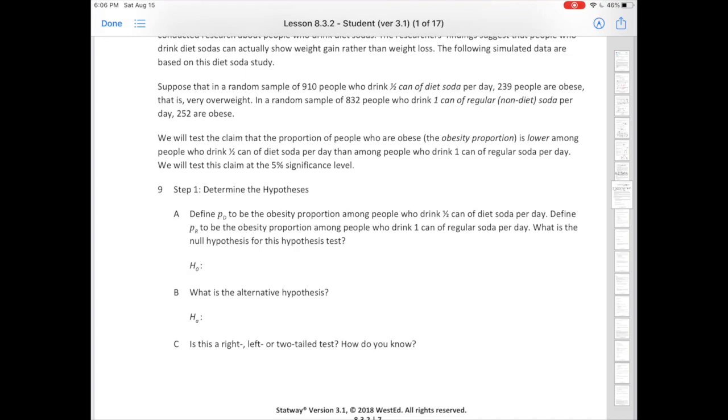Remember, the null hypothesis is always that the two are equal to each other. What is the alternative hypothesis? Well, that we need to read from the problem. It says we will test the claim that the proportion of people that are obese is lower among people who drink half a can of diet soda per day than among people who drink 1 can of regular soda per day. So it's lower. So it's going to go like this, PD is less than PR.